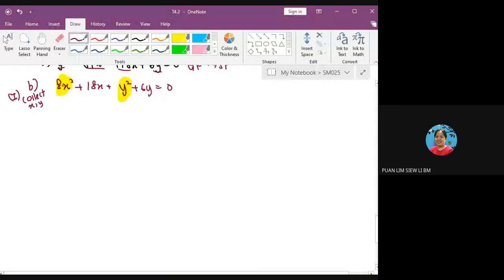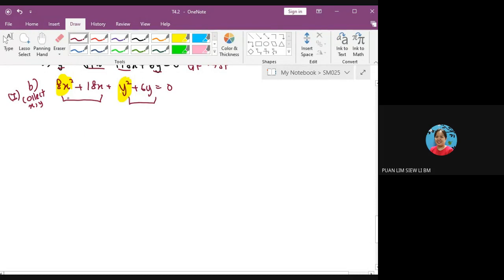So when we see this is your ellipse, how we going to do, sebab dia punya coefficient takkan sama, so kita tak boleh nak simplify dia. So untuk bahagian x, kita buat, untuk bahagian y, kita buat asing-asing.